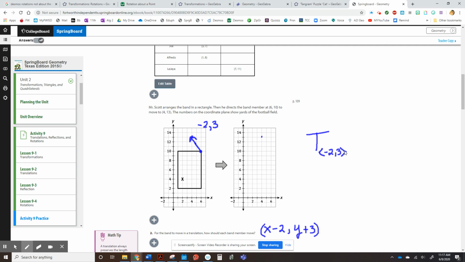The little pointed brackets is really not universal. You can go to a different textbook, and it will have parentheses right there. I think Springboard does the little pointed brackets to keep you from getting confused, thinking that it's an ordered pair. But this is telling you that the translation, and this is kind of like a subscript, is left 2 and up 3, sorry.